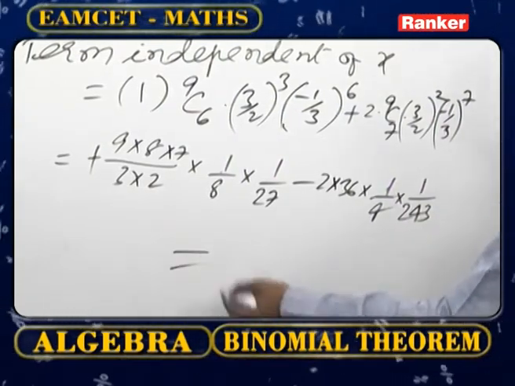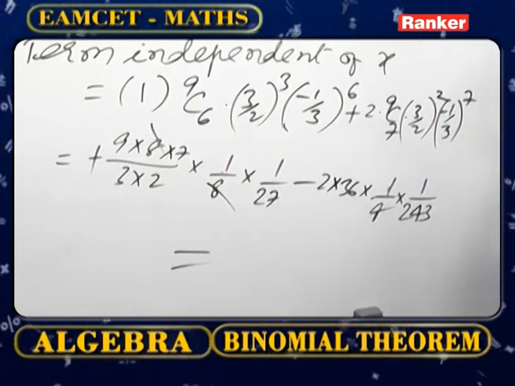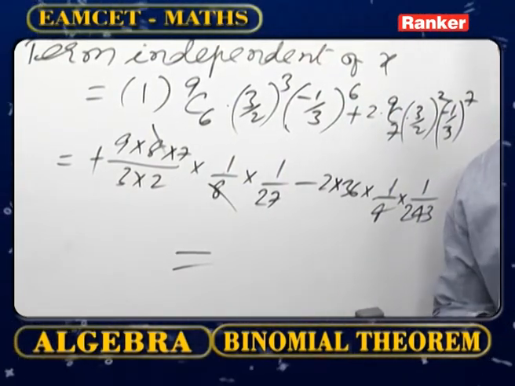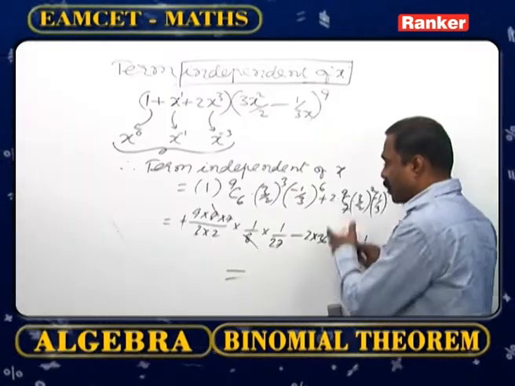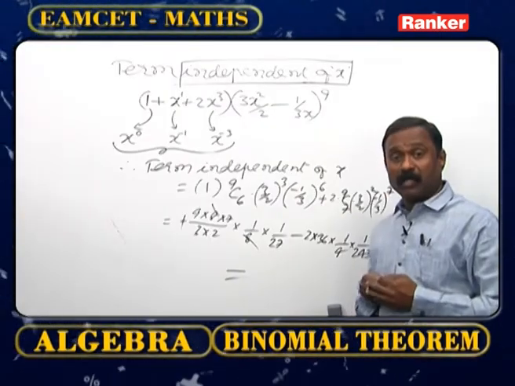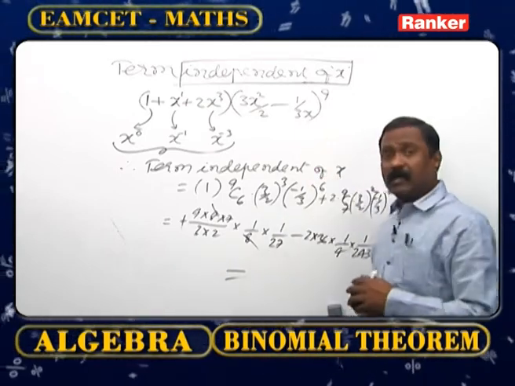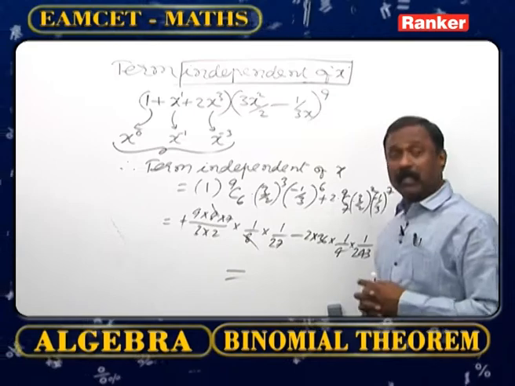This is to be simplified to get the term independent of x. If you simplify this, you will get the options. The simplification, you can do that. That is why I am leaving it to you. If you know the procedure, then all this can be done easily.